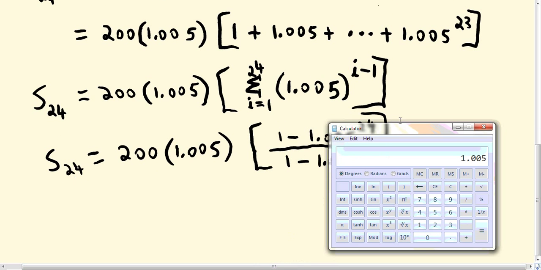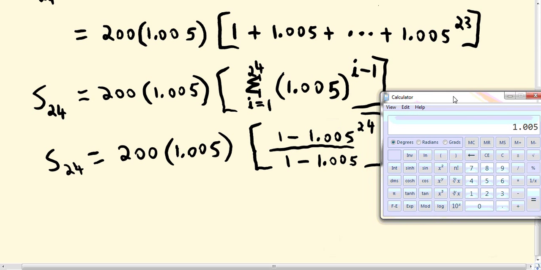So we have 1.005 to the 24th power. Let's do that. We have 1.005 raised to the power of 24 equals, that's this number right here, 1.12 blah blah blah. That's 1.005 raised to the 24th power.